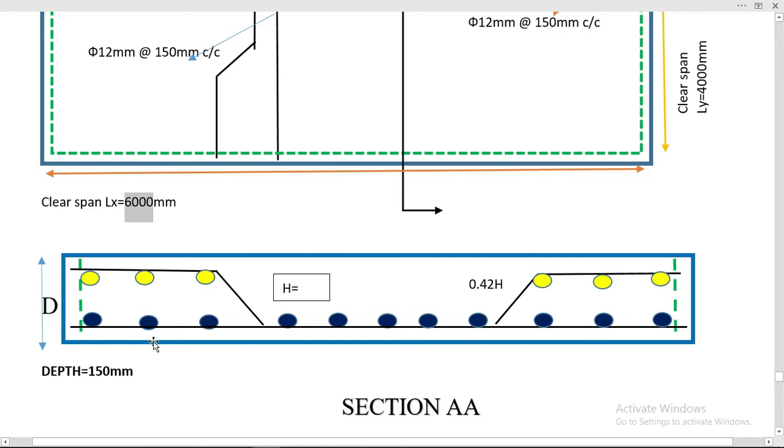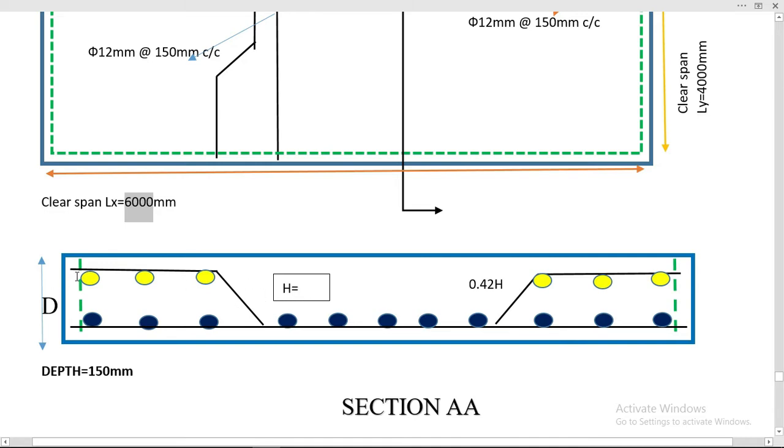So to calculate this bend length we multiply 0.42 with this height, from the center of this bar to the center of this bar. This is the h value. Okay, this is center.